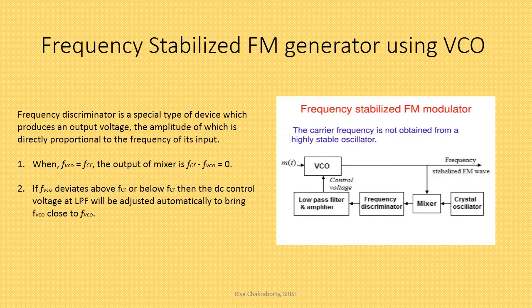Another one is that the non-linearity of the varactor diode produces a frequency variation due to harmonics of the modulating or baseband signal, and therefore the FM signal is distorted. Despite all the above drawbacks, the direct method is utilized. Why? For high power FM generation in several applications.